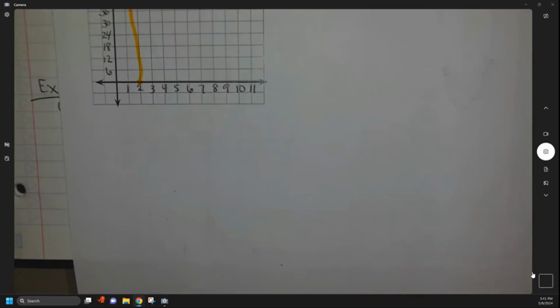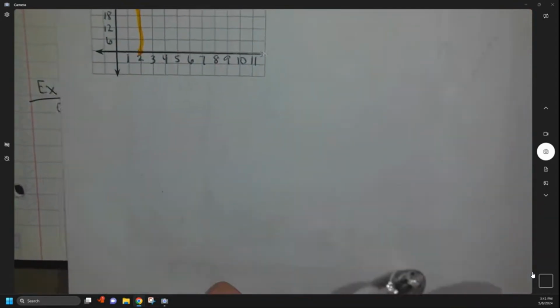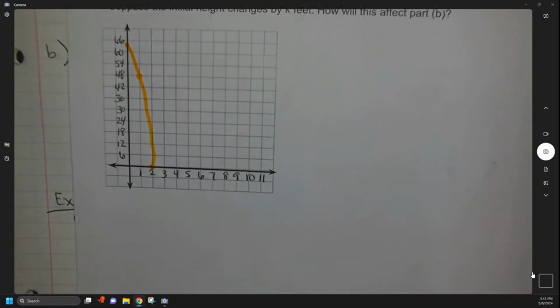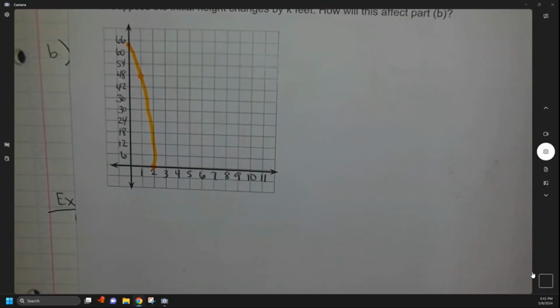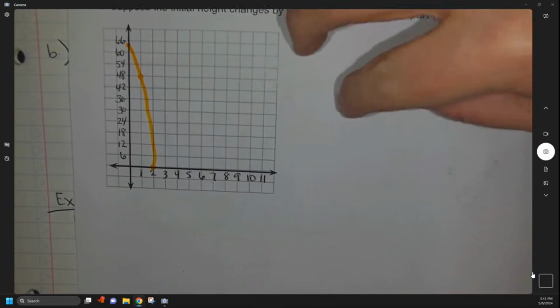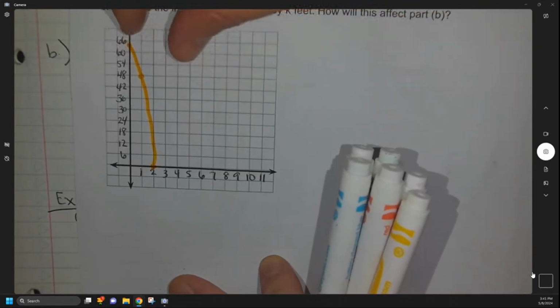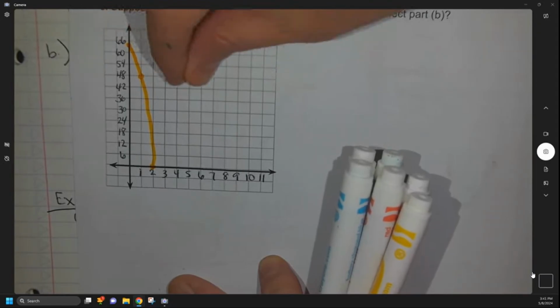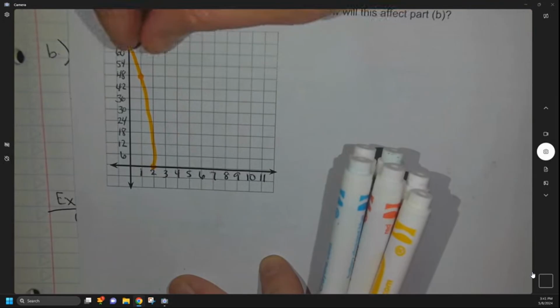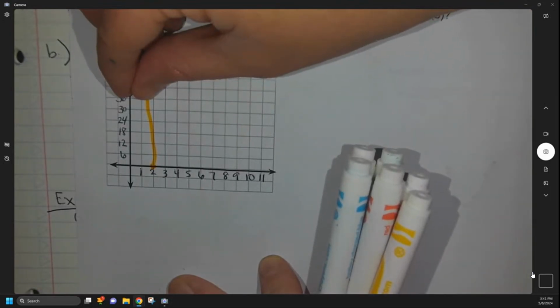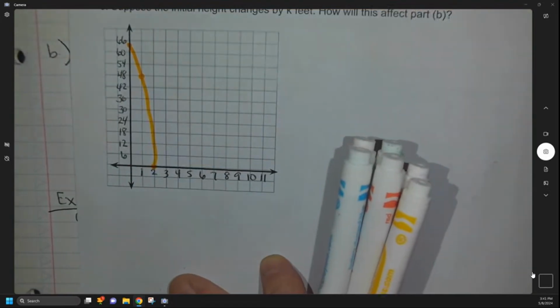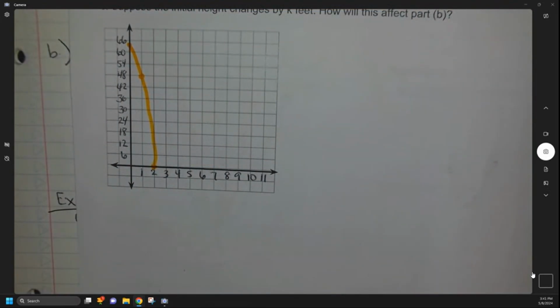But if I think about it, we're talking about k, so our height changes by k feet. Sorry about that. So we're at k feet. Could be k feet more. It could be k feet less. So if I'm changing k and I'm increasing it, what's going to happen to my graph? Well, if it's higher up here, it's going to take longer to get to the ground. If it's lower right here, then it's going to take less time to get to the ground. So if k is greater than 0, then it's going to take us more than 2 seconds.